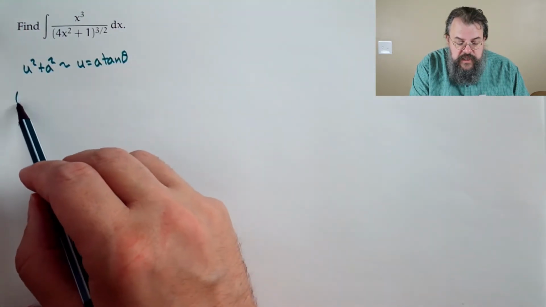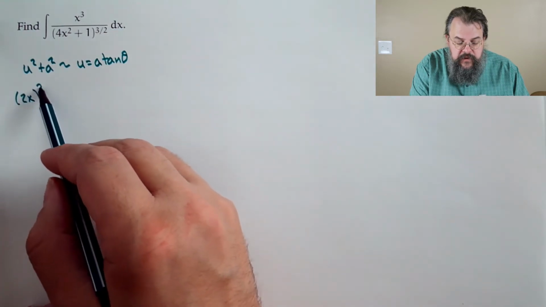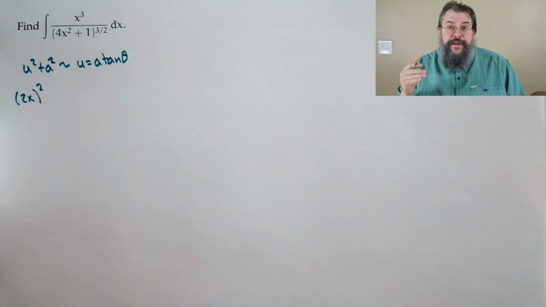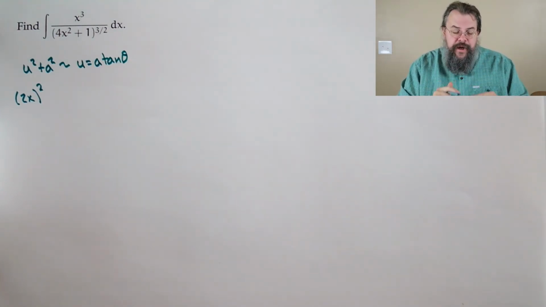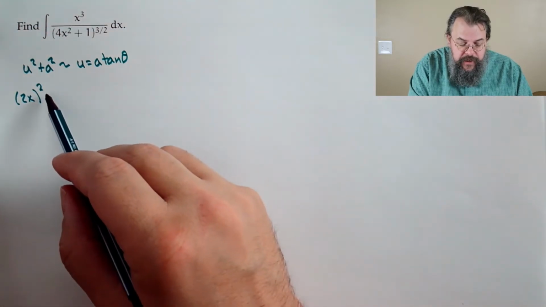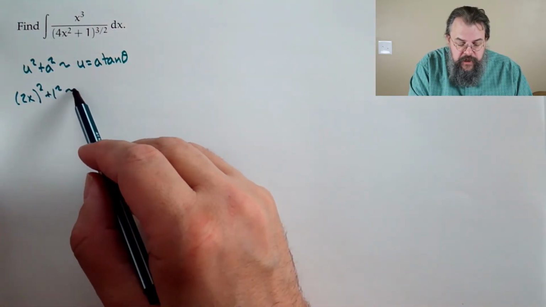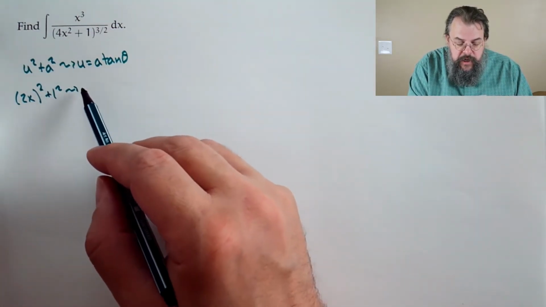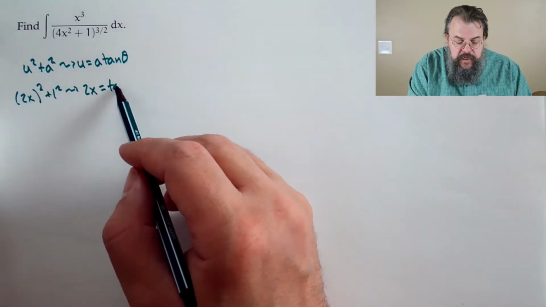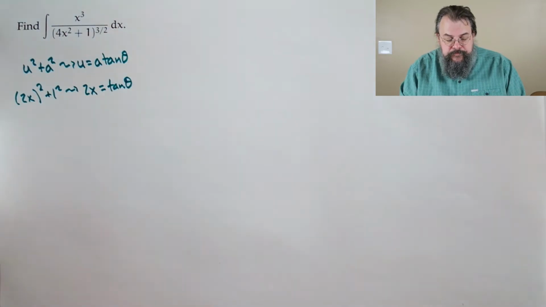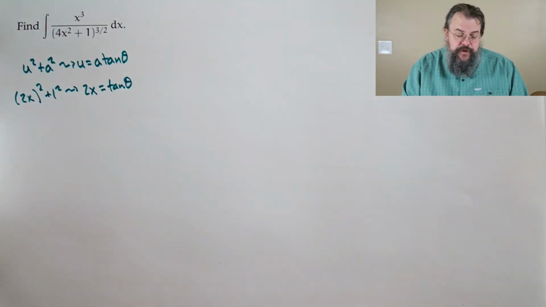More precisely, we have a 2x squared, so I have to remember to square that: the 4 needs to be 2 squared, so I can write it as 2x squared plus 1 squared. So I can say 2x should be tangent theta. That's the substitution we want to make.